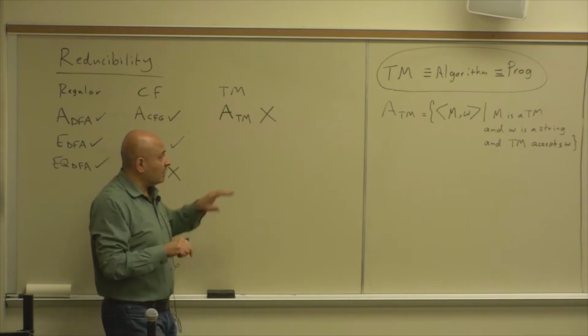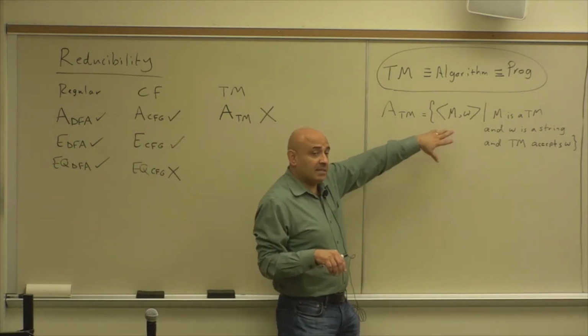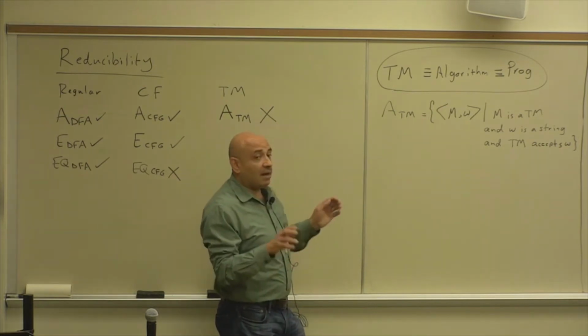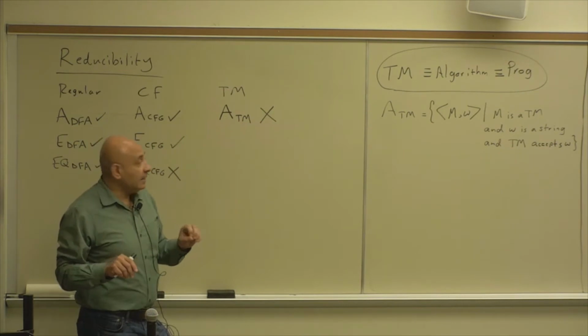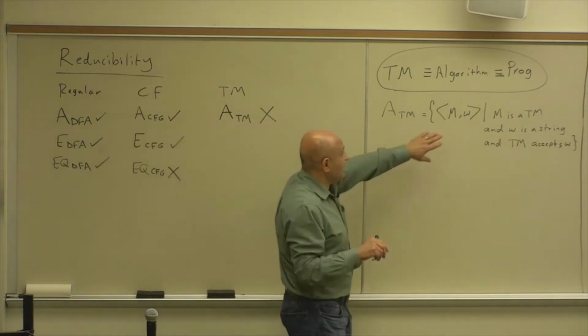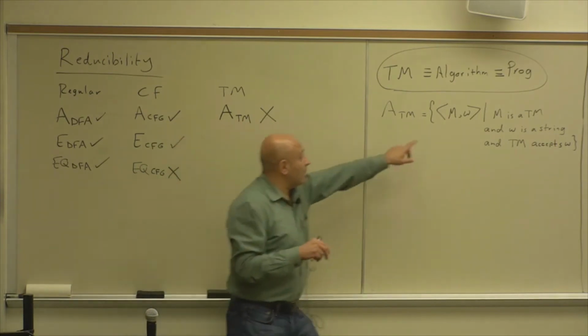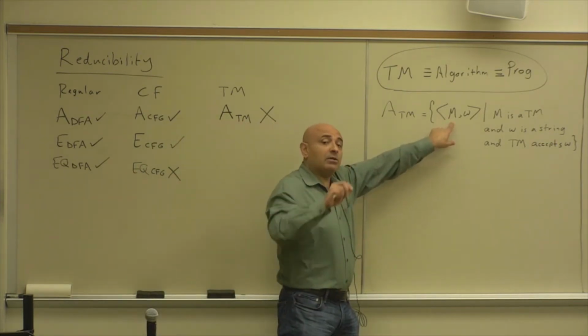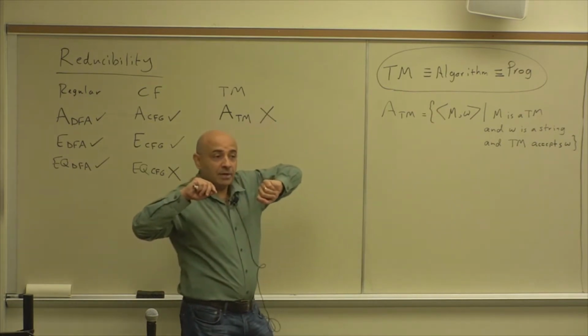So what kind of program is this? We're writing an analysis program that takes another program, and it takes an input, and the objective of this analysis program is to tell you within finite time if program M is going to output a yes for input W.